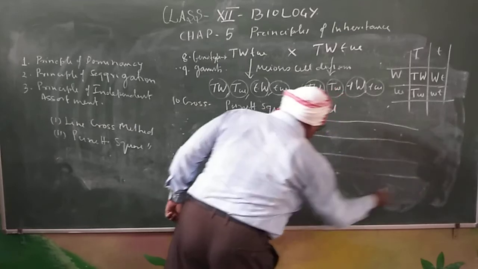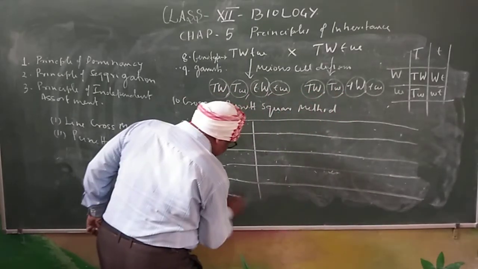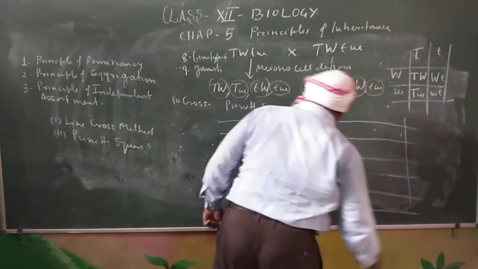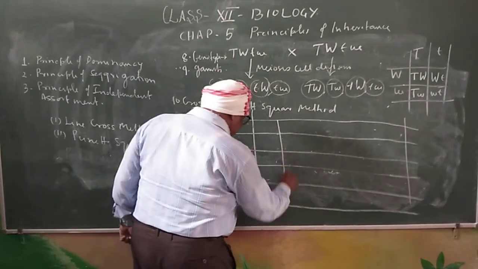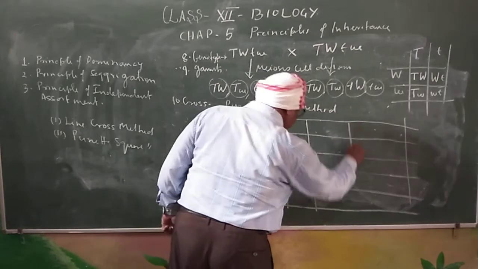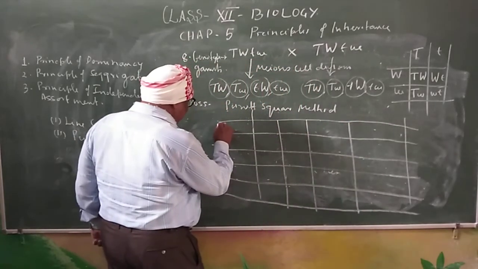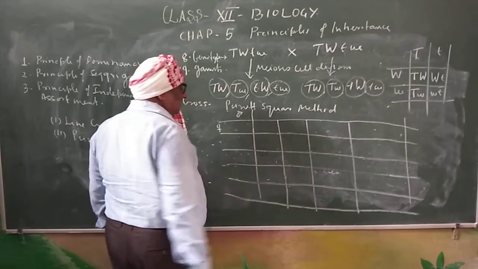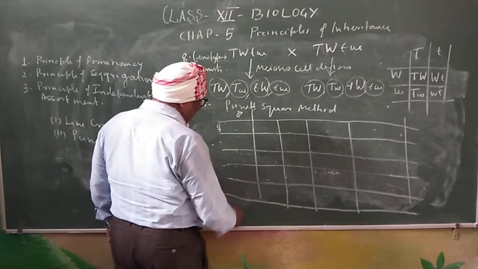Then, on the side, we represent another column that shows the other types of gametes. These are gametes 1, 2, 3, and 4. This side is for the female gametes, and this side is for the male gametes.